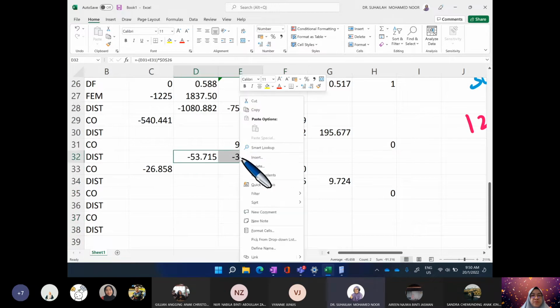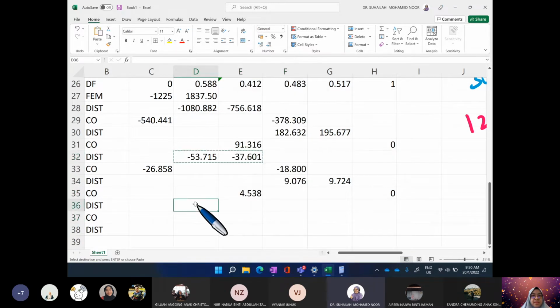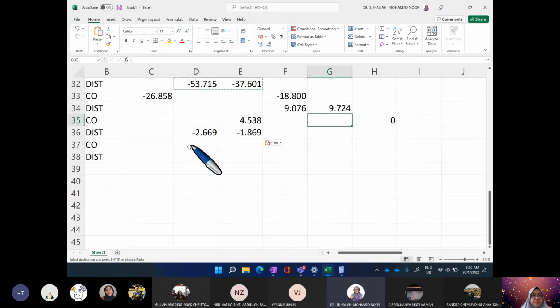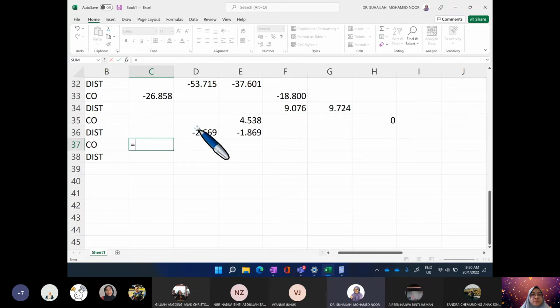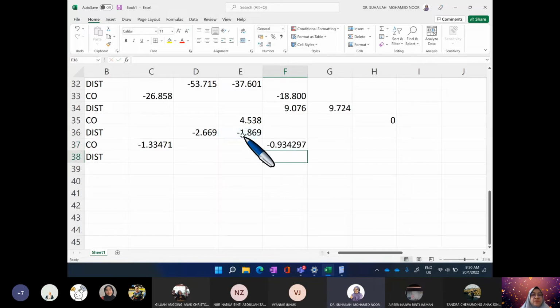Okay, I copy this formula, paste here. And then I carry the value, divided by 2 for fixed and internal supports.